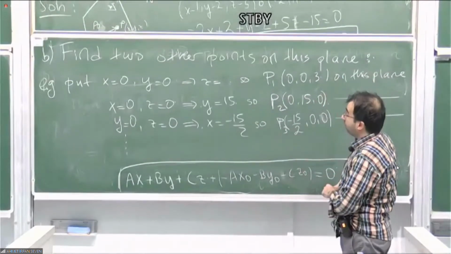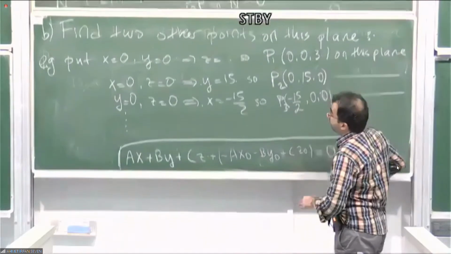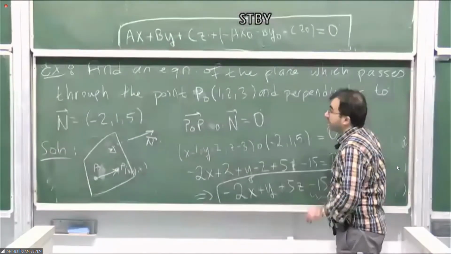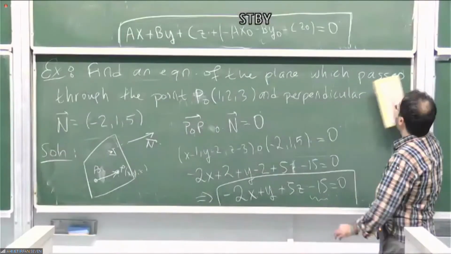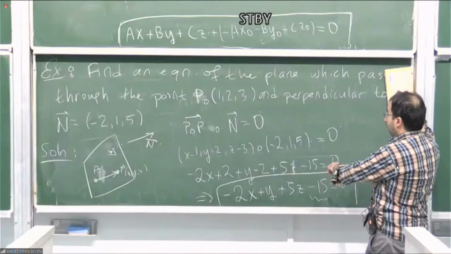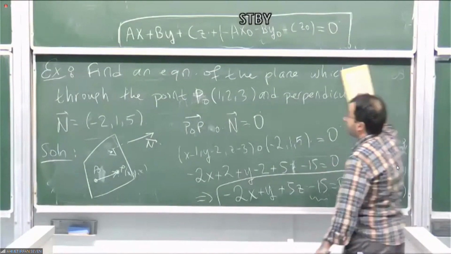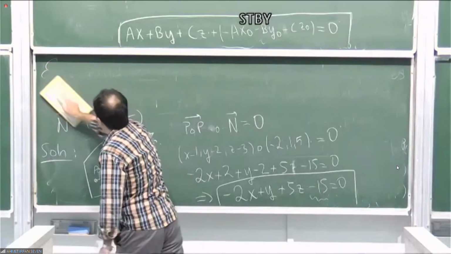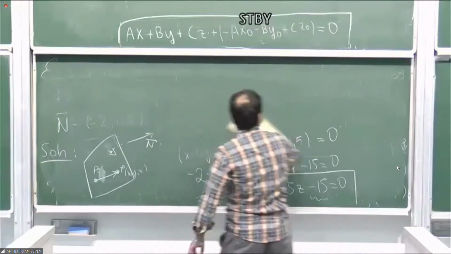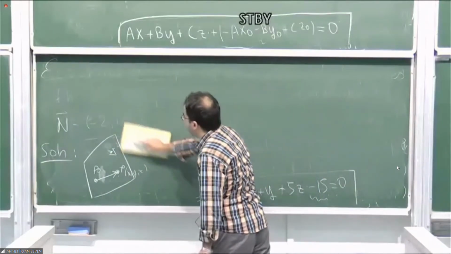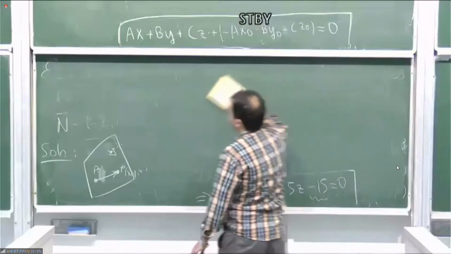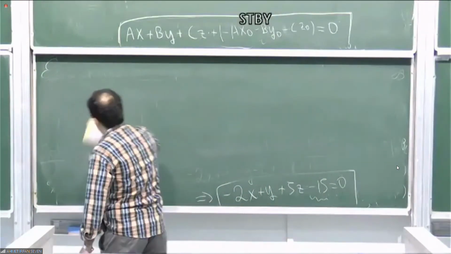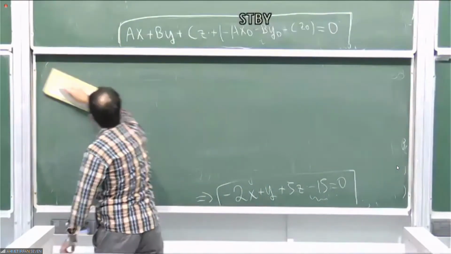All right. So these, however, these points will have some meaning. Yeah, this is our equation. So let's try to draw the picture of this plane more correctly as much as we can.